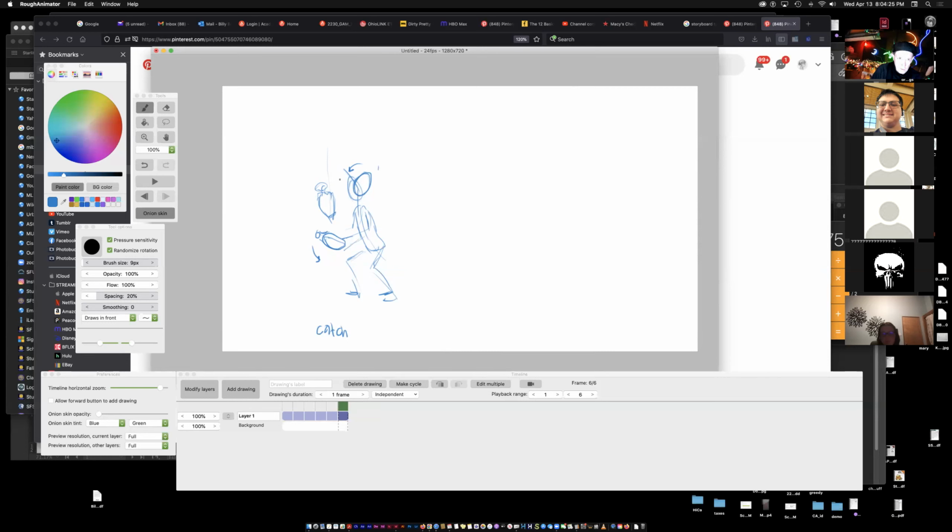One, head, 2, 3. It's going to come down even further, maybe. It's going to come down here, and then the character is going to recoil into a standing pose, holding the vase.